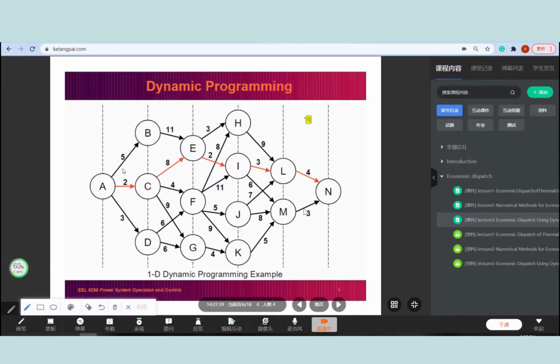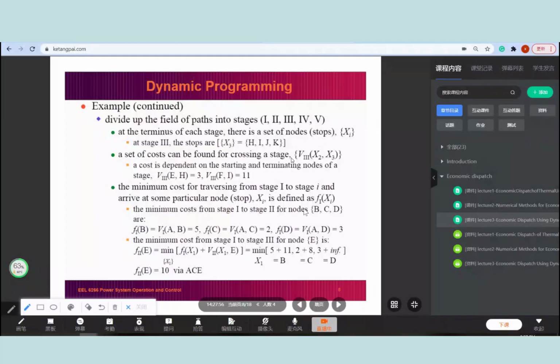For example, if you travel from A to the 1st stage, you can stop at B, stop C, stop D. So for each stage, there are different stops. Also for stage 3, you see there are different stops. H, I, J, K. This is a different stop or different points. So at the terminal of each stage, there's a set of nodes or stops or points, right? So at stage 3, the stops are H, I, J, K.